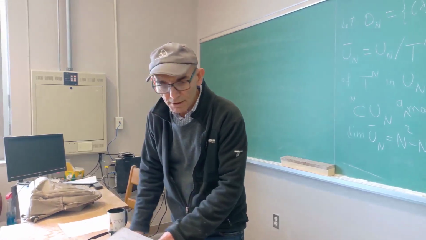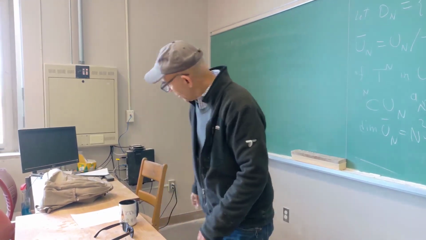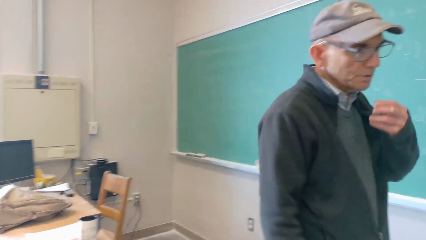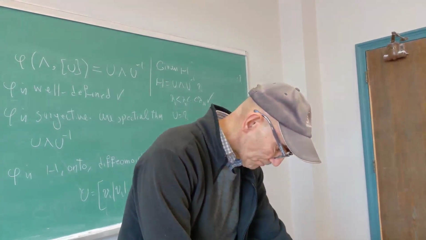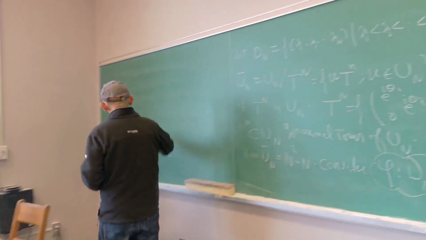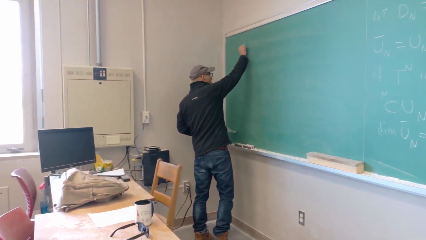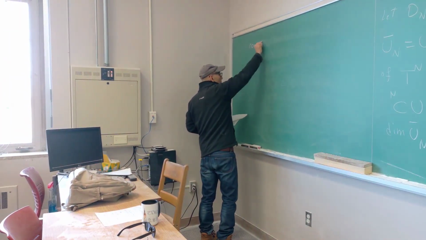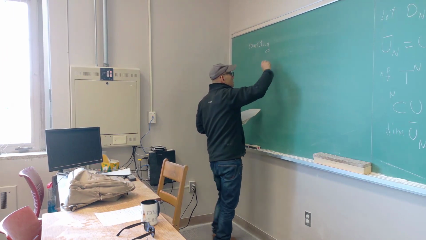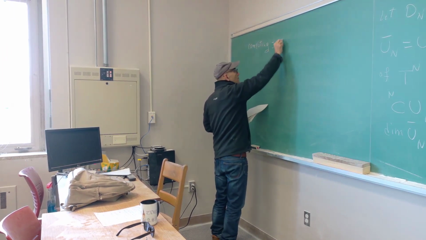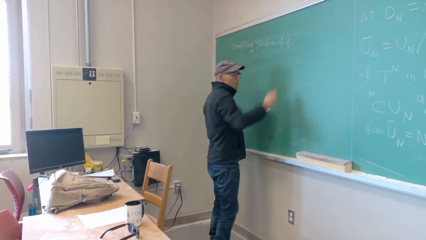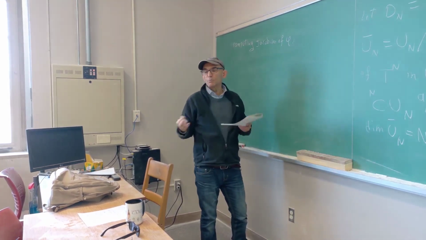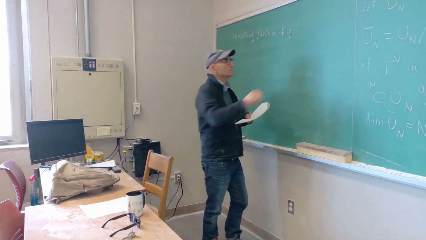Okay, so anyhow, the thing is there. So how are we going to compute the Jacobian? Using better language, we are basically computing the differential of this map.